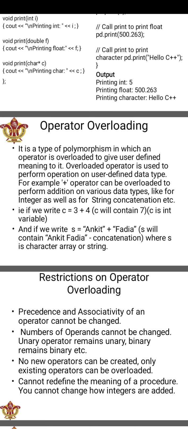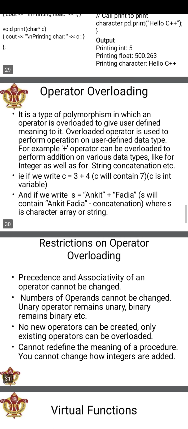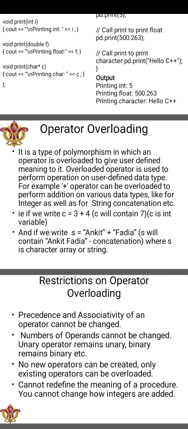Now what will happen if we place two strings in place of any numeric value? So here we have written s equal to Ankit plus Fadia. In the normal scenario, this will not be concatenated until and unless we overload the operator plus. There is a well-defined procedure and syntax for overloading operators like plus, minus, multiplication, division.